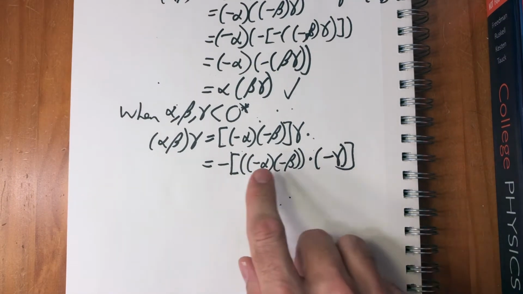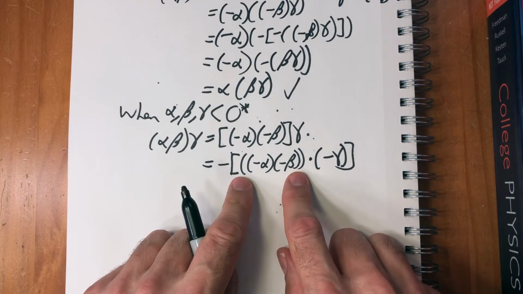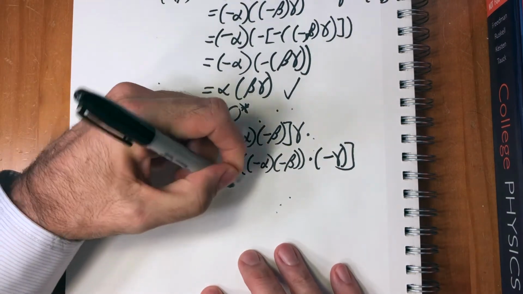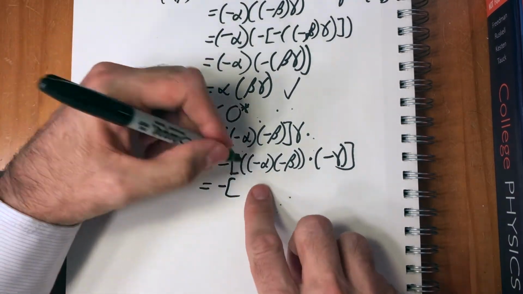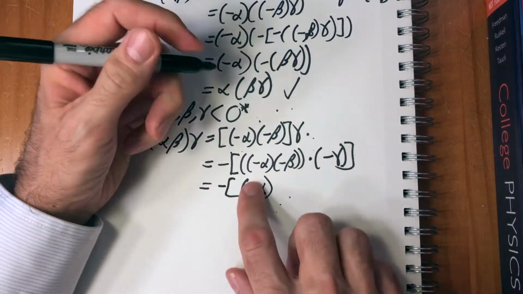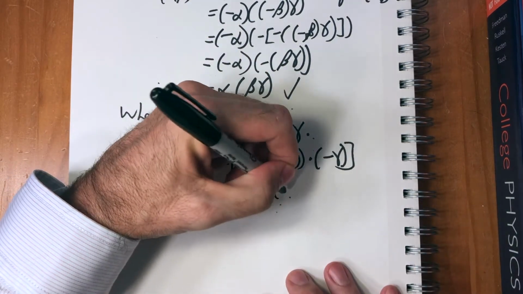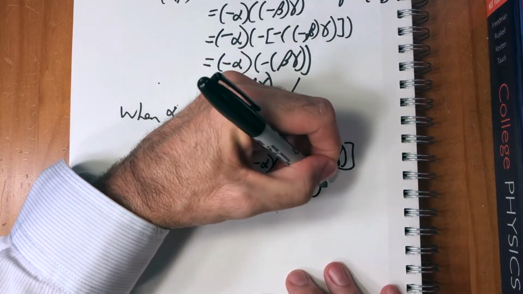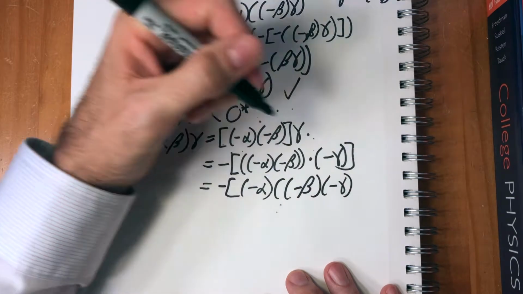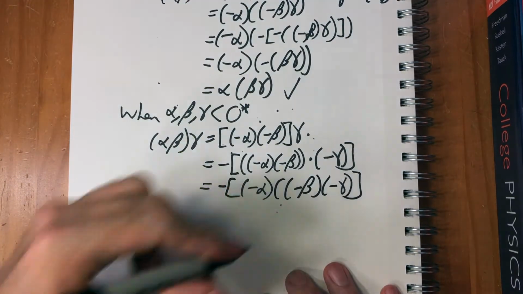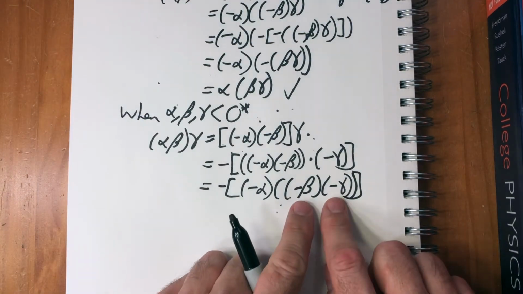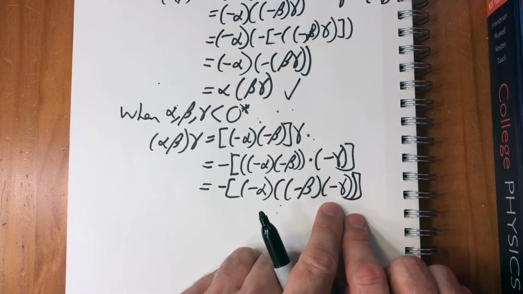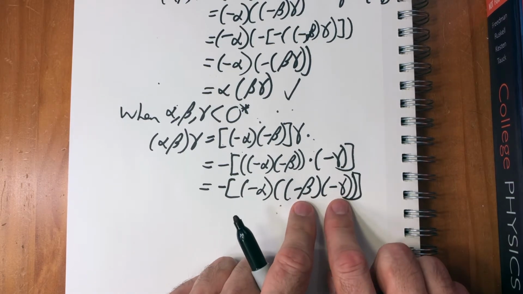So now this is positive and these are positive. So once again, we can use associativity. So this equals minus, take out the alpha and then switch the parentheses here. So we have minus beta minus gamma. Okay. Now this is the definition of the multiplication of two negative numbers.